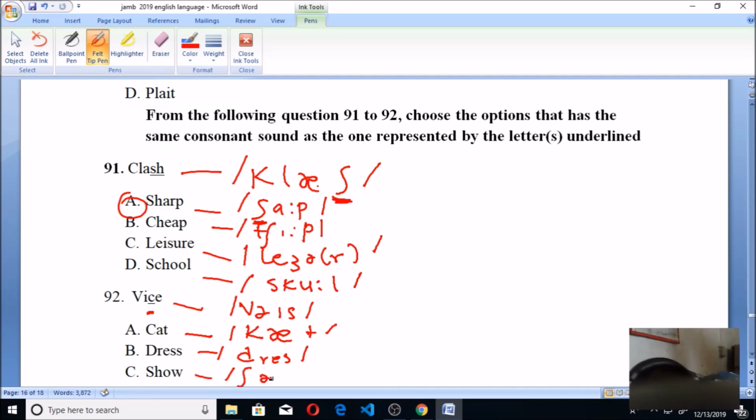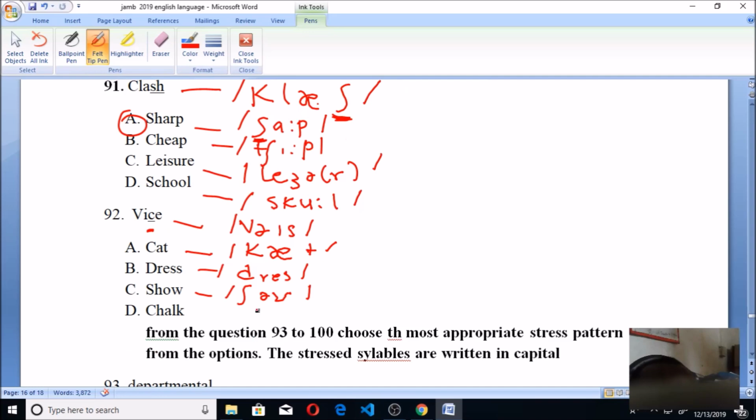Remember this show sound. So we have the short U sound. Then finally we have chalk. Now it is very clear that in vice we can see a similar thing in dress. This is the vice and this is dress.